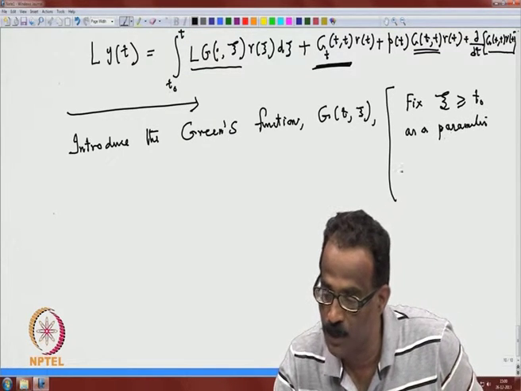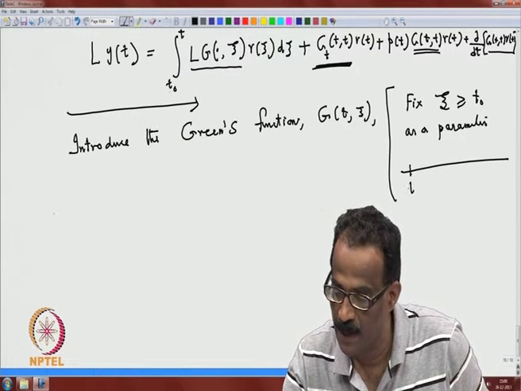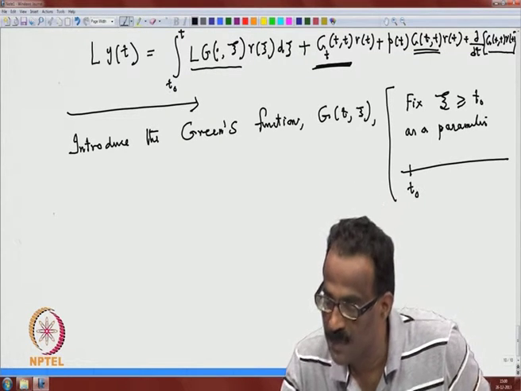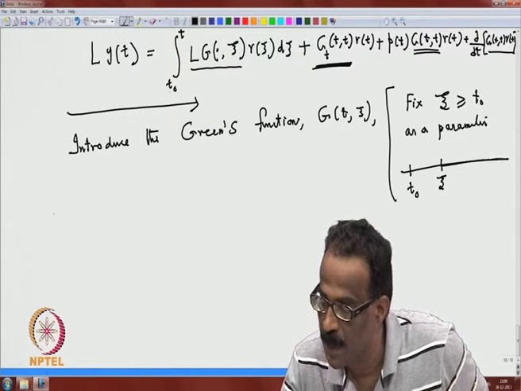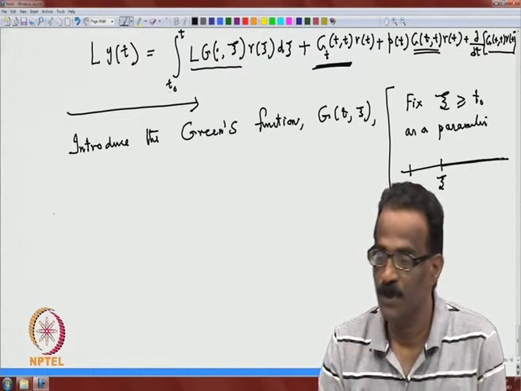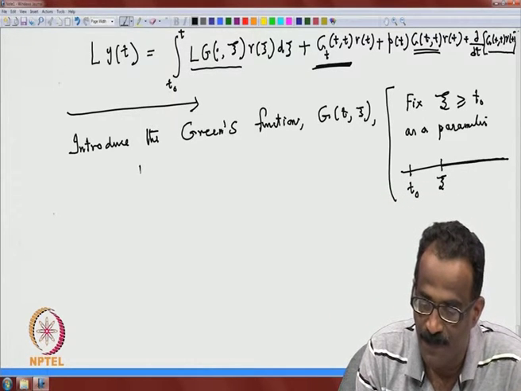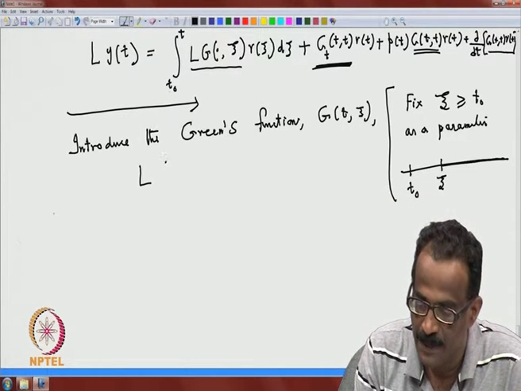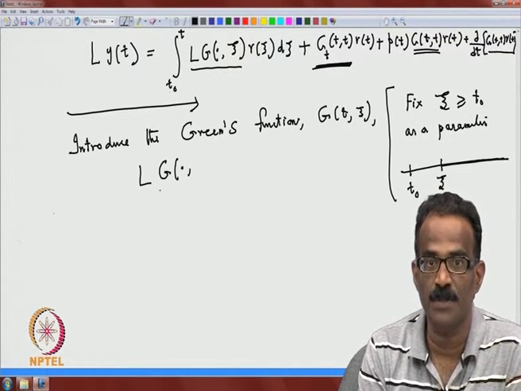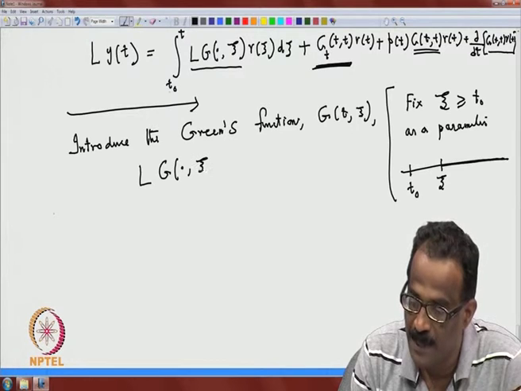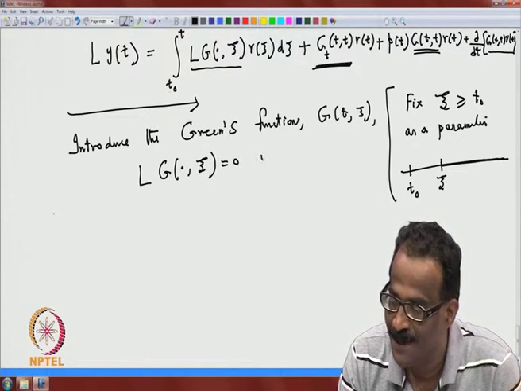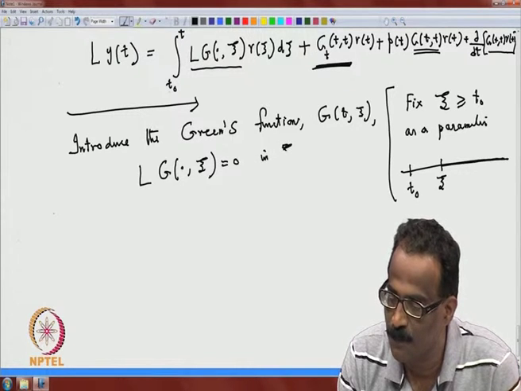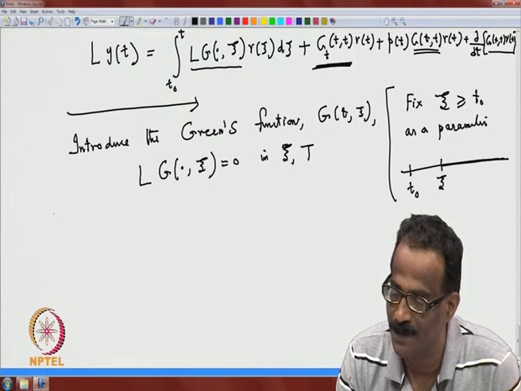So, what I will do is, you have t naught here, and I have some psi here, and on this portion I will introduce the problem. So, I will introduce the problem L G, where the differential operator is with respect to the t parameter, and psi is coming because I am introducing the problem for psi to t or whatever it is.